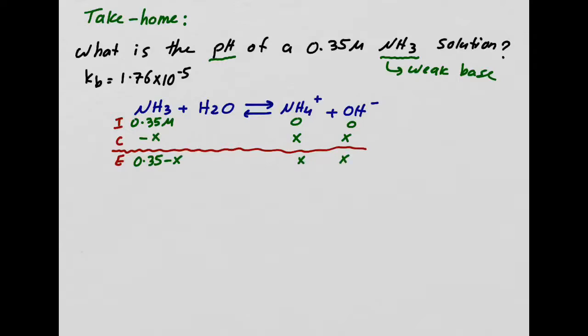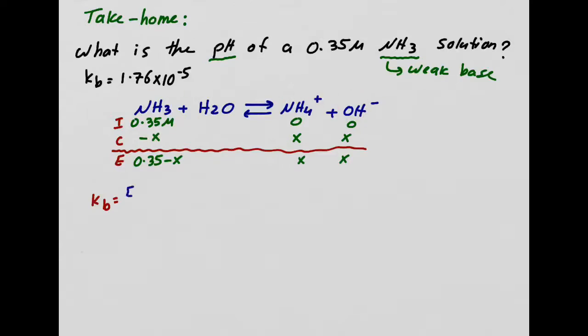You've seen this before. So I have a weak base here. Every time I have a weak base or acid, I'm going to write the equilibrium, and then write down the ICE table. And remember, we also have an equilibrium constant, which is Kb here, since we have a base. The Kb is going to be product over reactant.